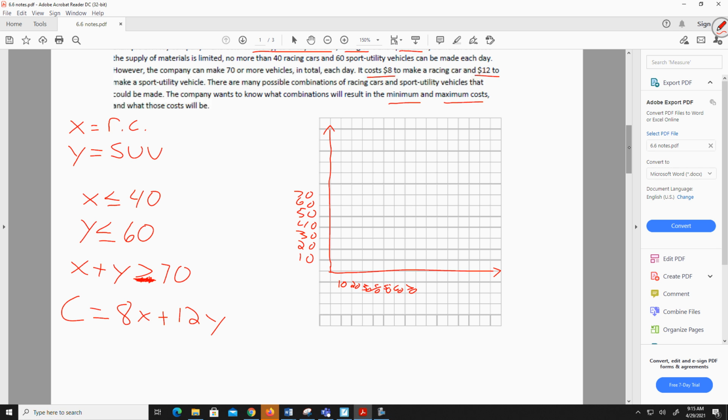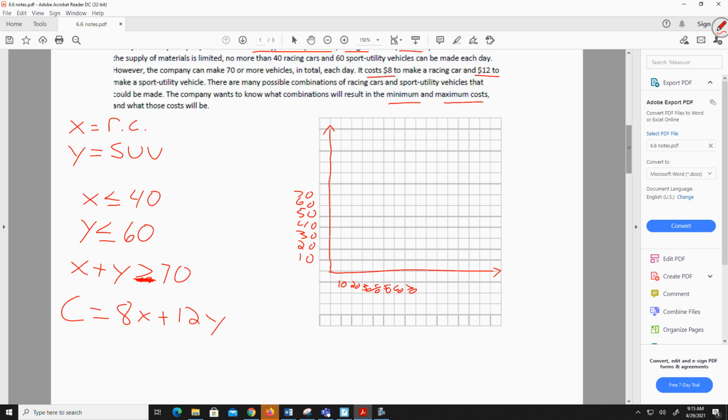So now we graph these, okay? So race cars, x is equal to or less than 40.